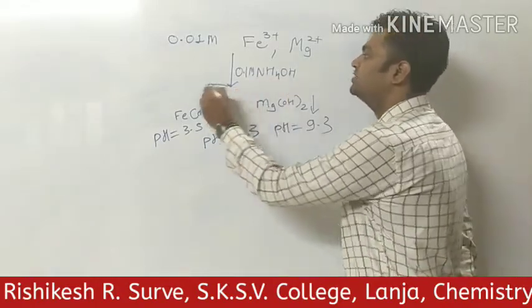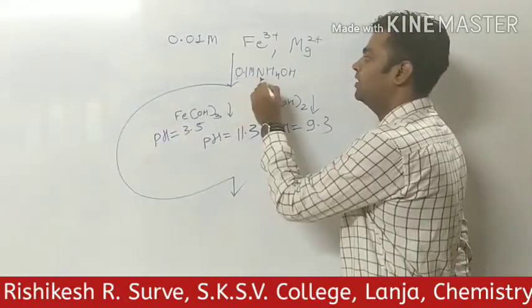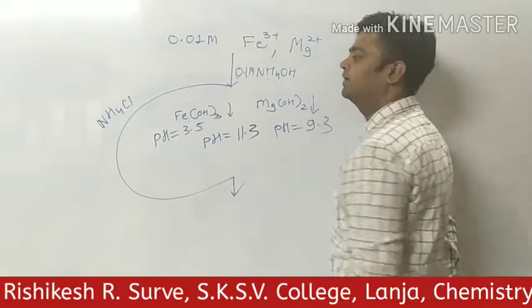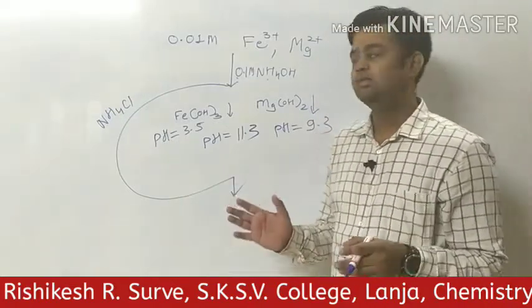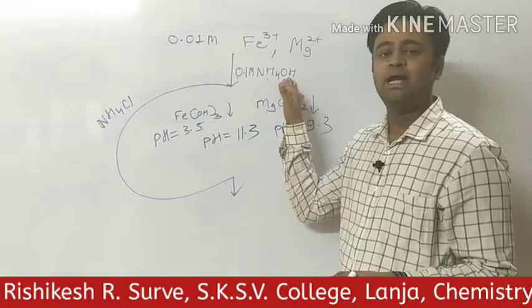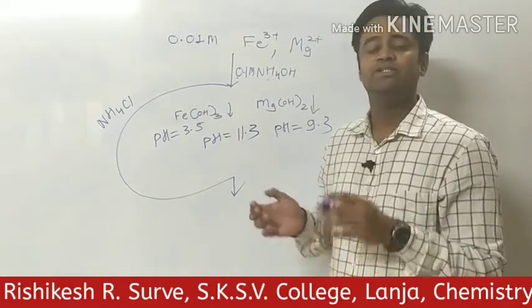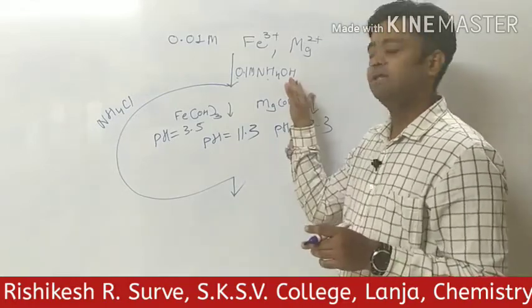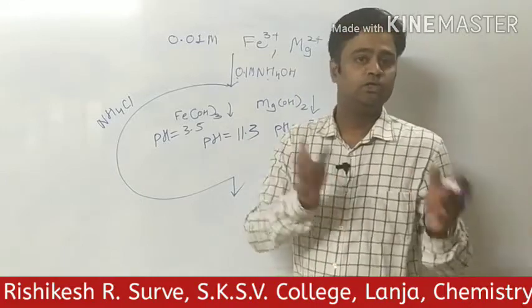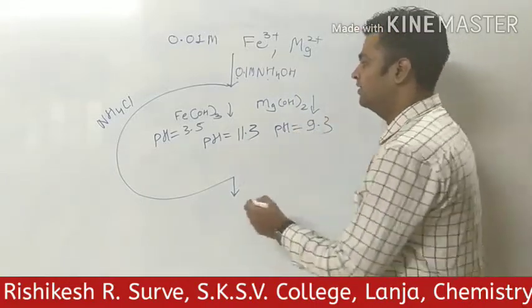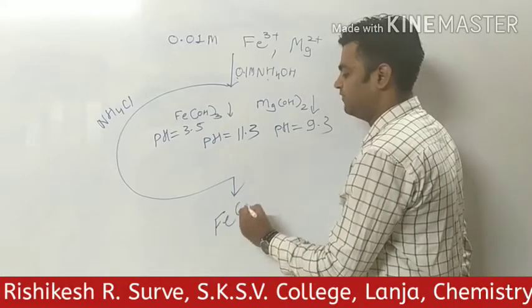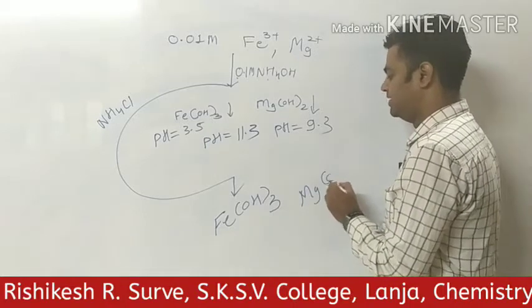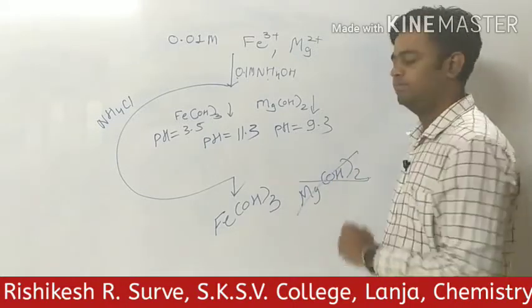But on addition of ammonium hydroxide with ammonium chloride, due to the common ion effect, the concentration of OH- ion gets suppressed, gets reduced, and hence due to reduction in concentration of OH-, pH also gets reduced, and we only get precipitate of ferric hydroxide and not of magnesium hydroxide.